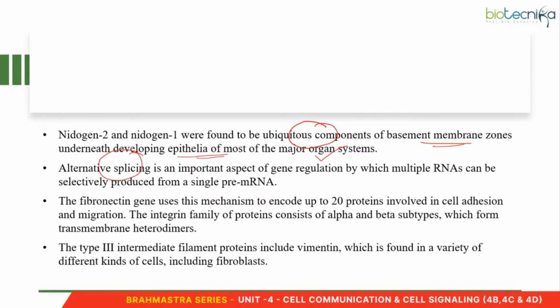Alternative splicing, you might be aware from unit 3. Fibronectin uses this mechanism to produce up to 20 proteins. You might be aware that you have a few alpha and a few beta subtypes, so they shuffle among each other. As I told you, vimentin is an example of a type 3 intermediate filament. Okay.